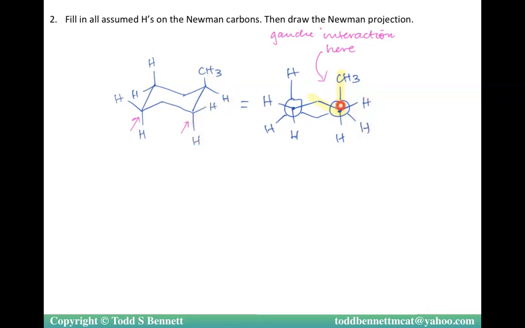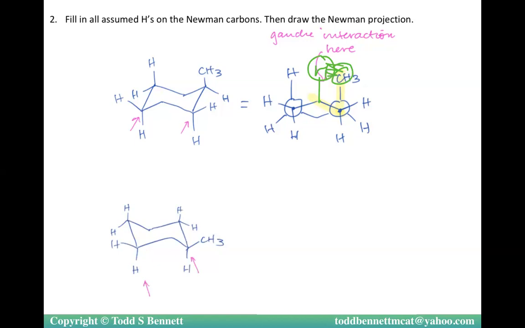So this bond right here is this one. This is the gauche interaction I'm worried about with the ring system. And I'm also worried about the diaxial interaction of that H and that CH3. So this is the issue you're dealing with. That gauche interaction here can result in that interference there.